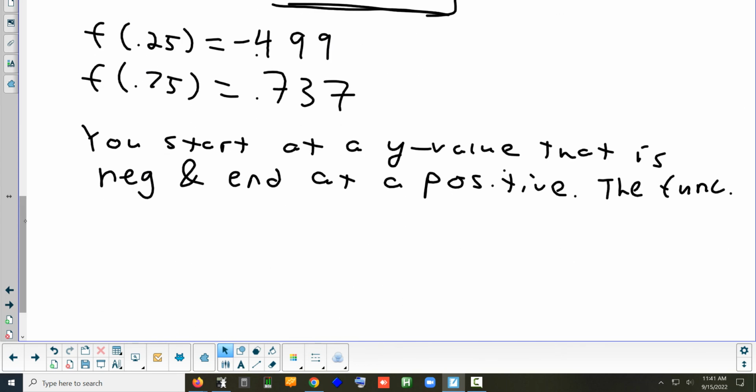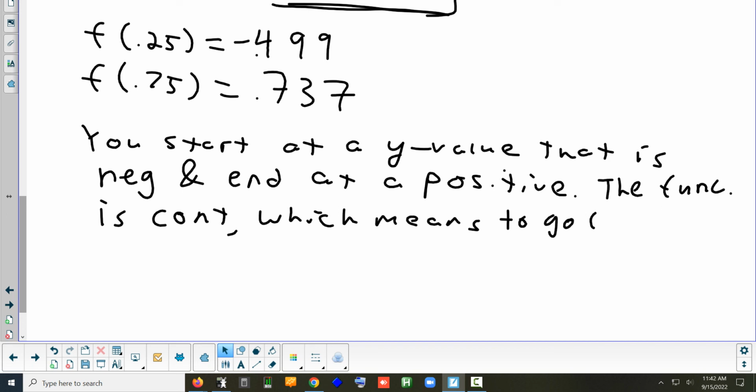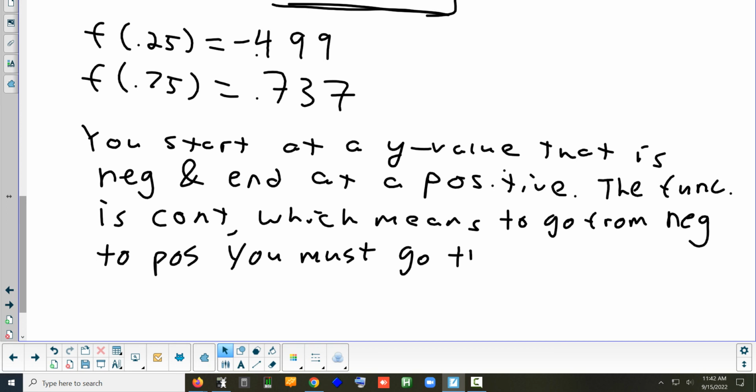That is continuous. So the function is continuous, which means to go from negative to positive, you have to pass through 0. There's no way to skip it. So to go from a negative to a positive, you must go through 0.